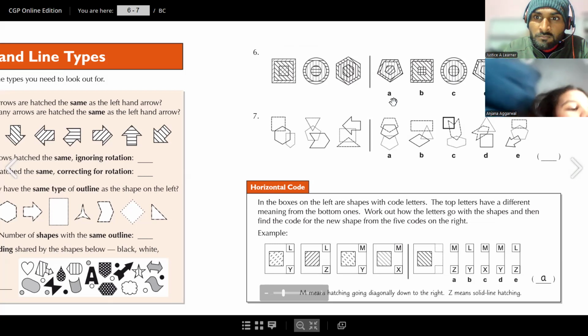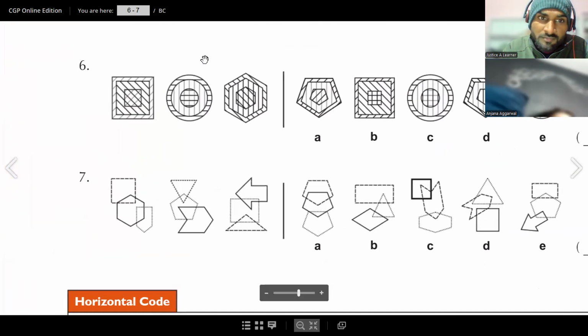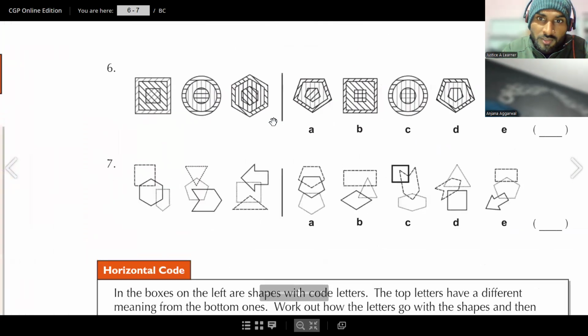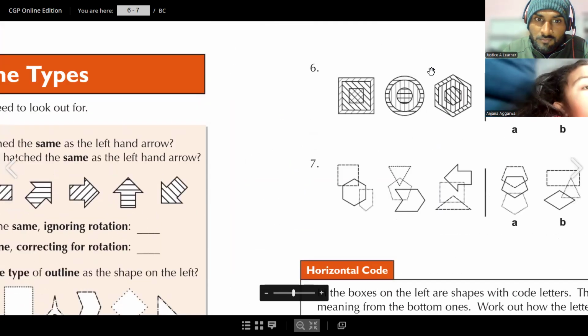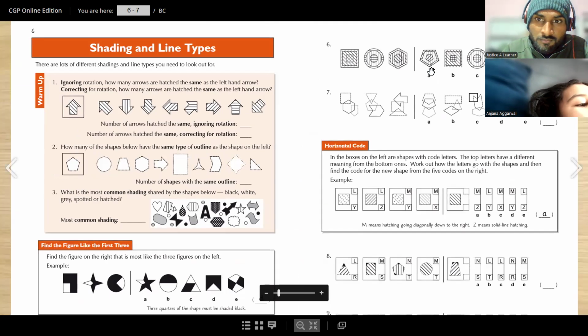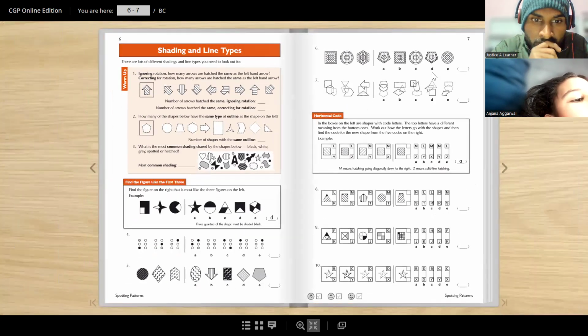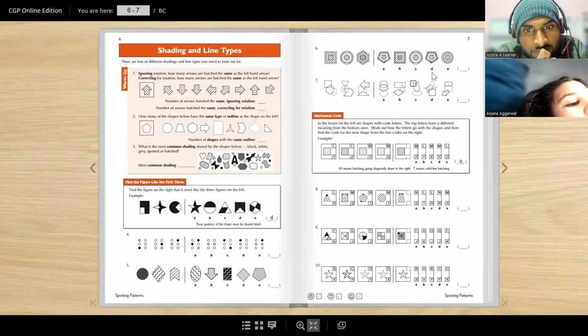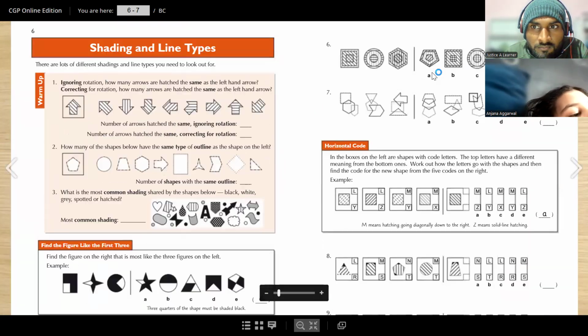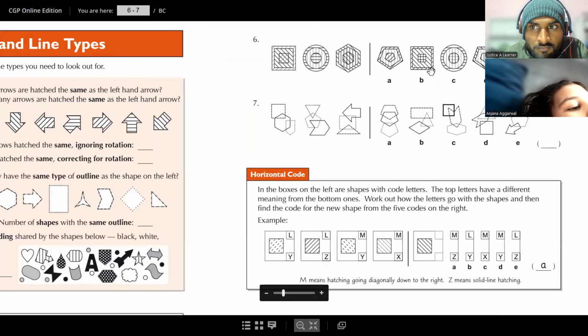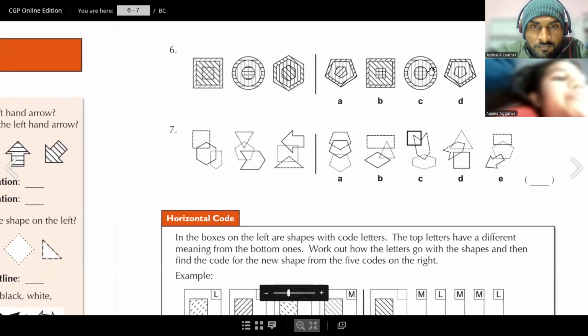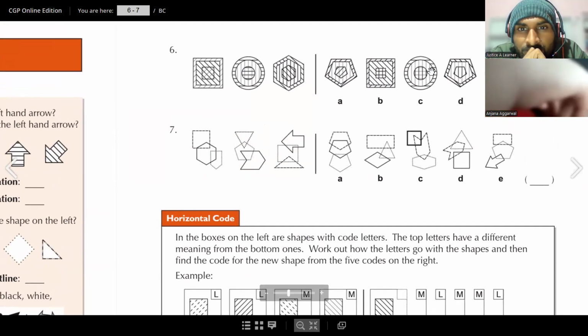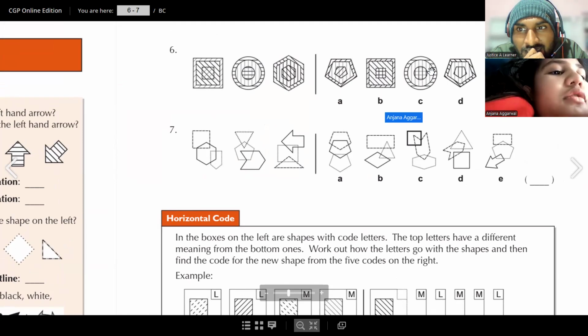Zoom out so I can see more stuff. Yeah. Find the figure on the right that is most like the 3 figures on the left example. Okay. Now you can zoom in because I just didn't understand what we need to do. So this is not the answer. Yes, that is not the answer.